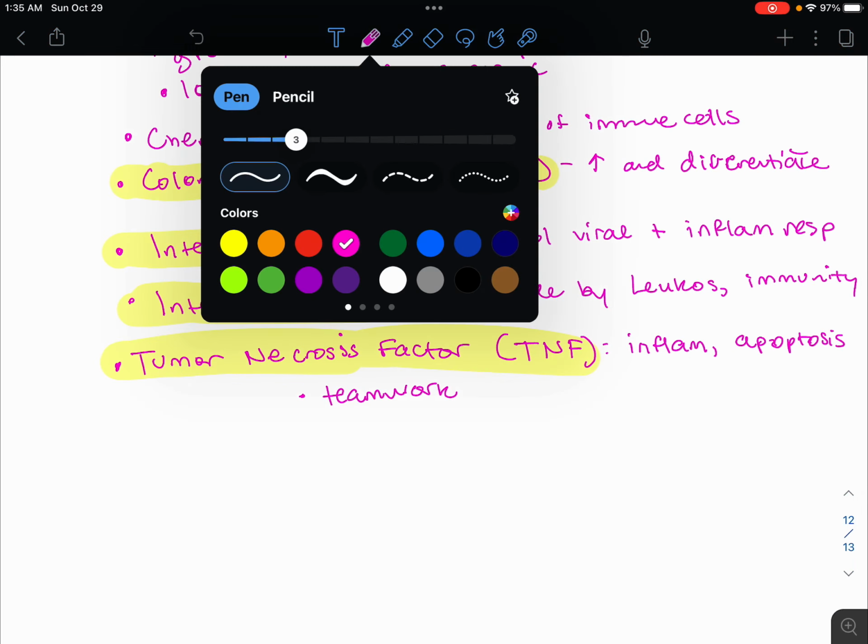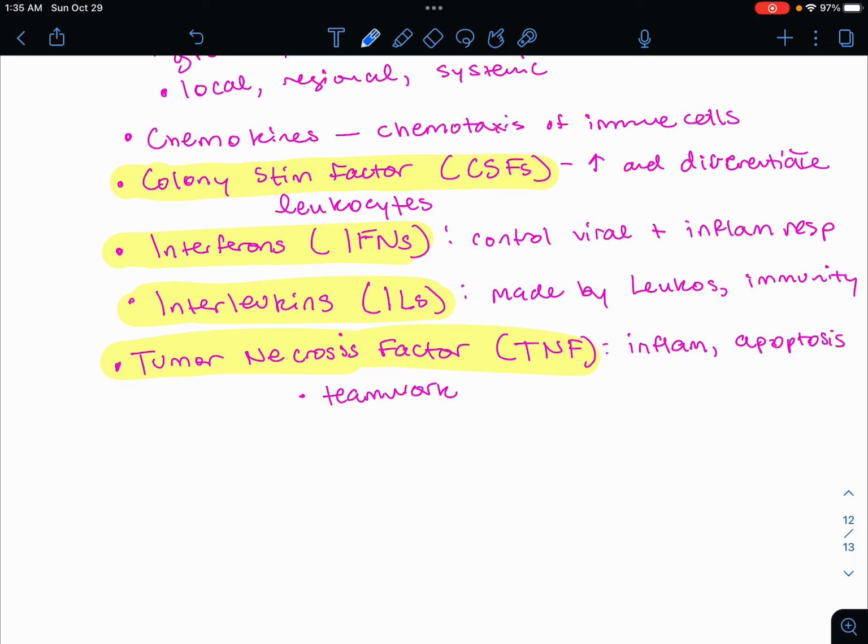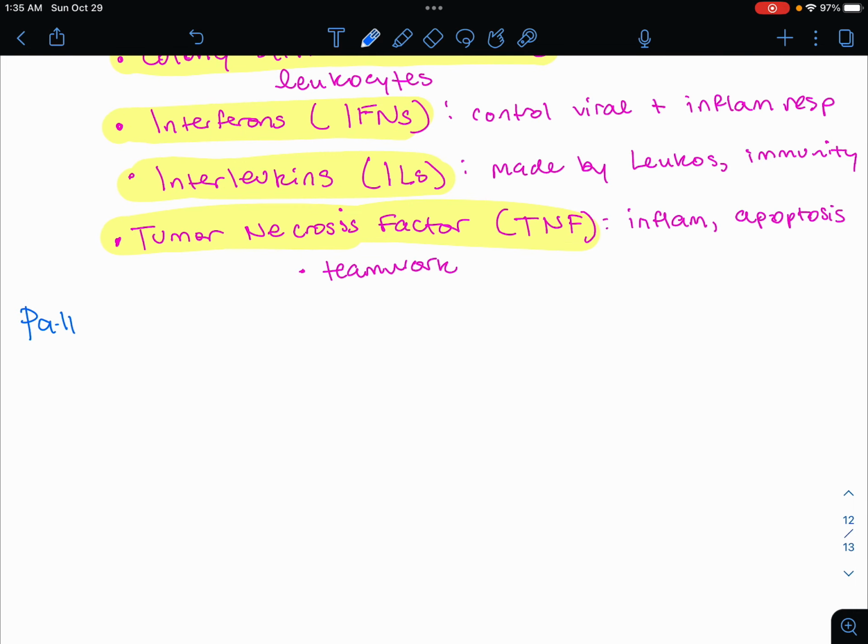Okay, now let's check out the pattern recognition receptors. These are PRRs, and they're going to be on the cell surface, on the internal membranes as well, and for things in the cytoplasm.